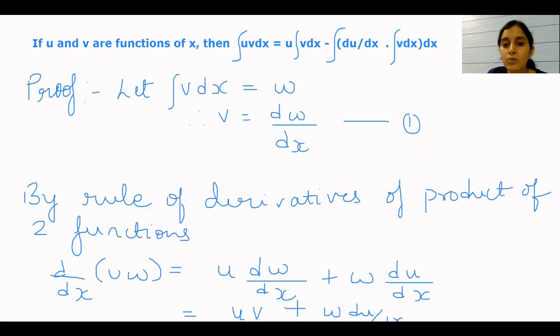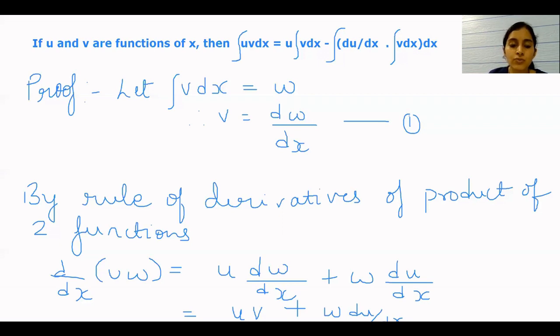Let's say v is a direct integral, which means I can directly use a formula and write its integration. Then we use this theorem: u integral v dx minus integral of du by dx into integral v dx dx. This is how you are going to integrate it.